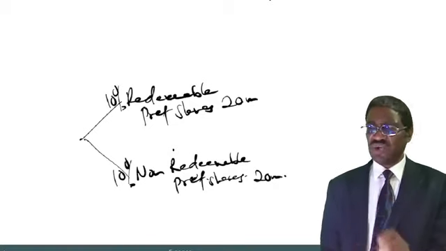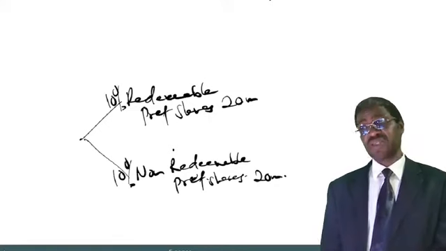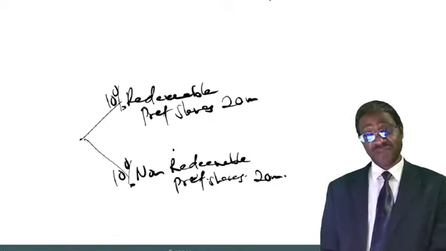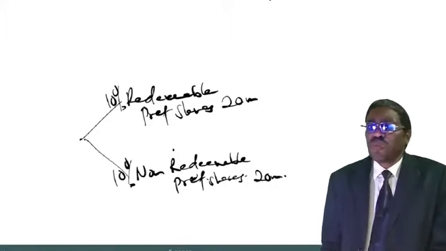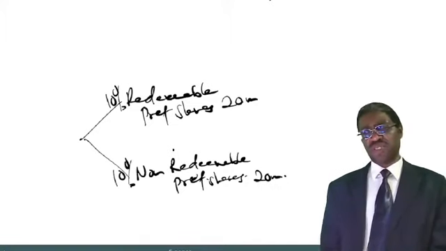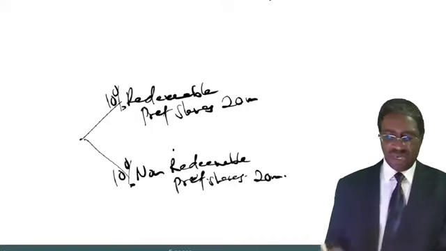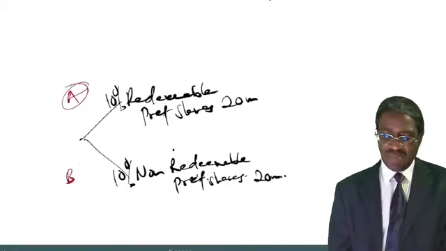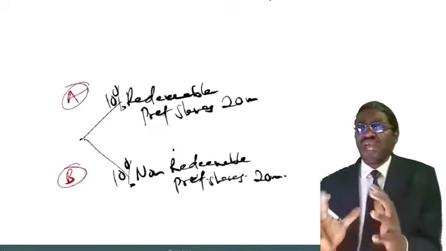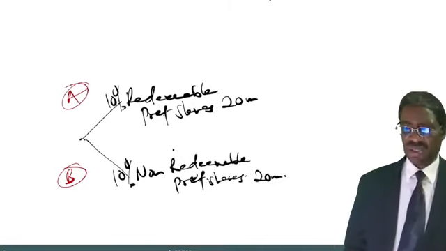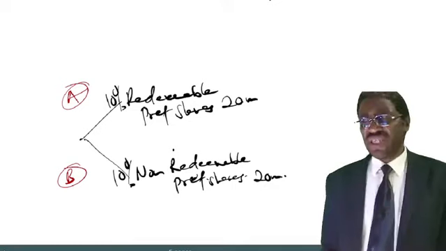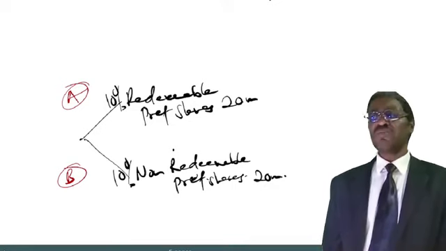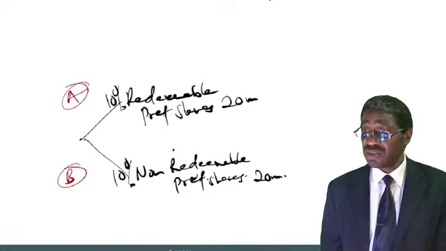So I want to take you back, because you should have done this. When you are required to prepare the balance sheet of these companies, this is company A, and this is company B, will you take these two types of preference shares on the same part of the balance sheet?